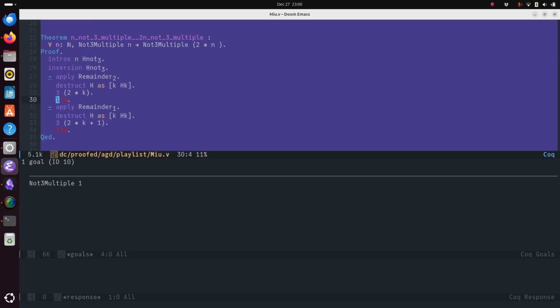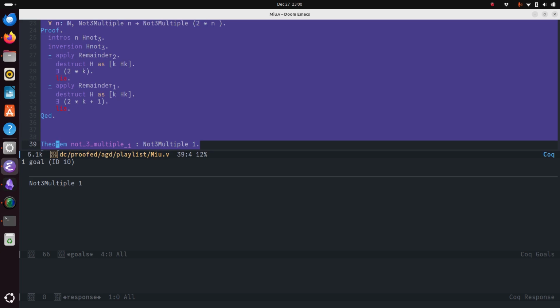LIA stands for linear integer arithmetic, to prove things in Rocq instead of equational reasoning.